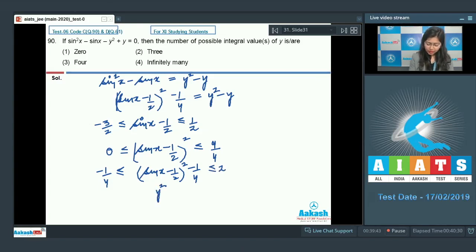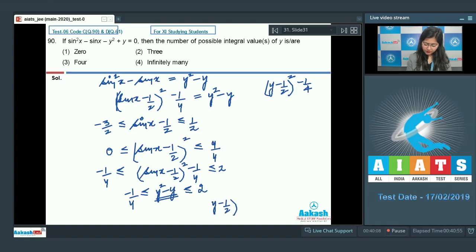That is y square minus y will go from minus 1 by 4 to 2. Now this can be written as y minus half whole square minus 1 by 4, right? That is y minus half whole square will go from 0 up till 2 plus 1 by 4, that is 9 by 4.